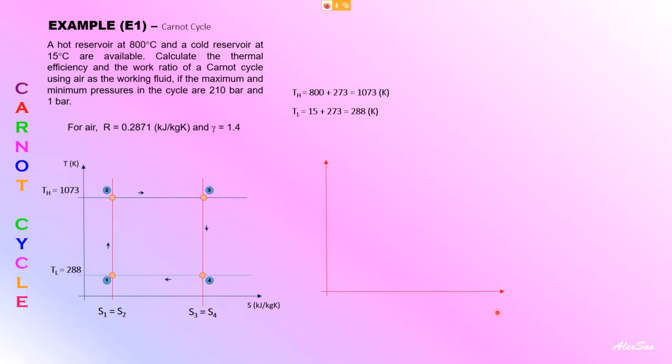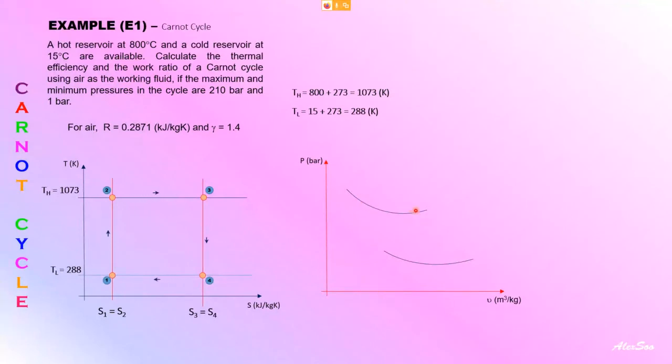Then for the PV diagram, pressure and volume. The volume here is a specific volume. So these are the two temperature lines, the curves for a Carnot cycle.